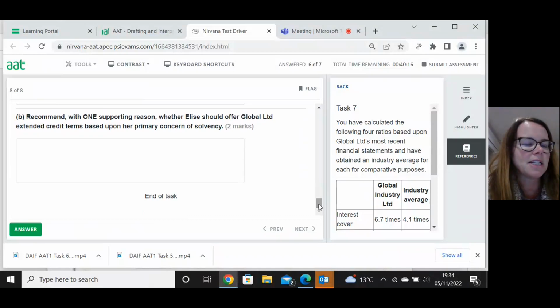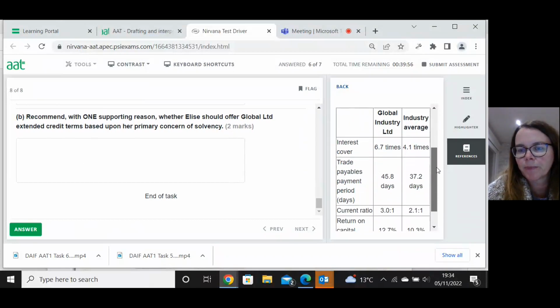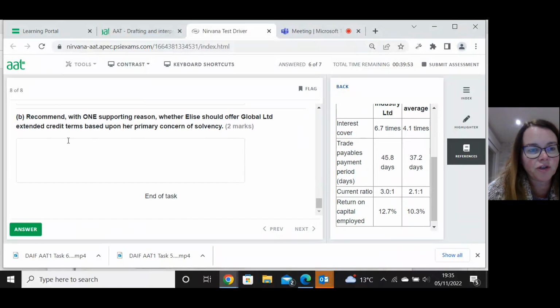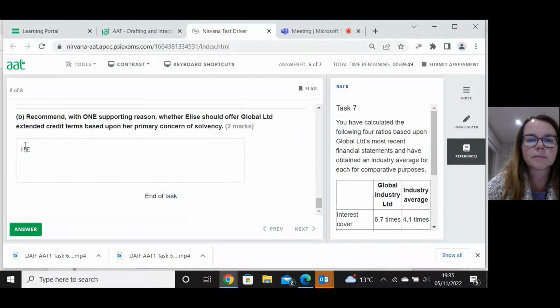Then it says recommend with 1 supporting reason. So this is only worth 2 marks, whether they should offer extended credit terms based on the primary concern of solvency. The solvency is measured by that current ratio. And that is very strong. So I am going to say Elise, that's where I start again.